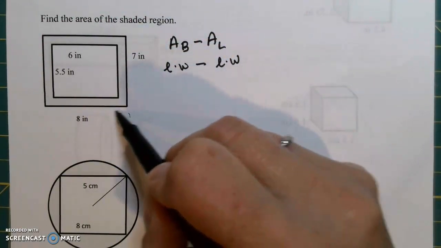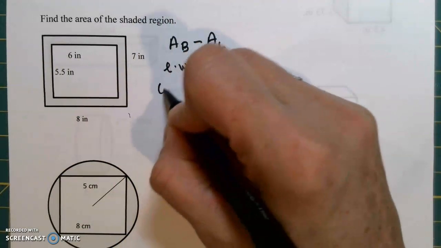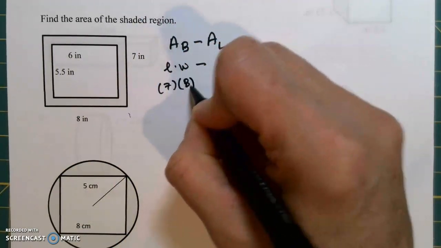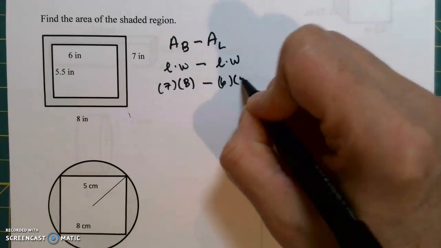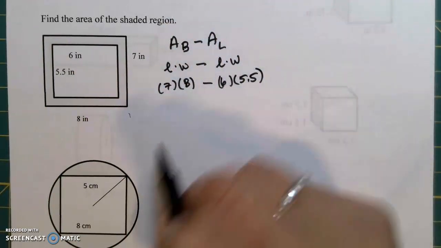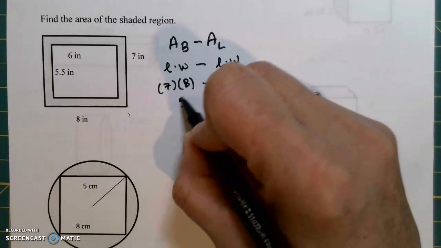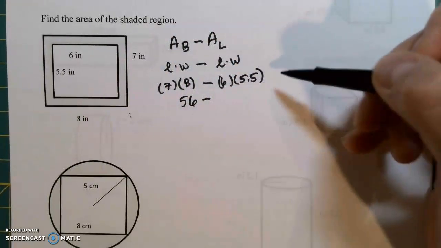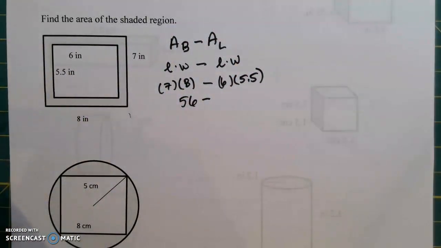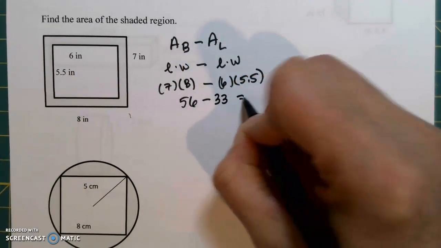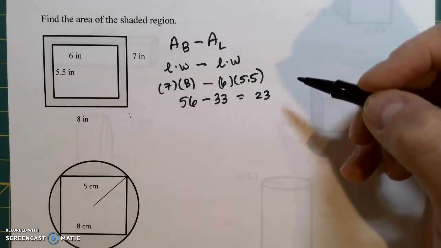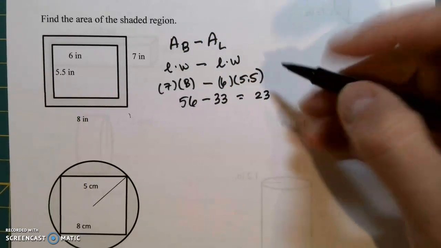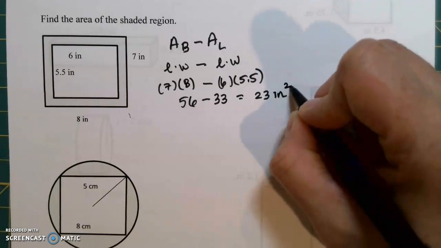So the big rectangle is 7 by 8, so 7 times 8, and then the little rectangle is 6 by 5.5. And so that'll be 56 minus, and then 6 times 5.5 is 33. So 23. And that is going to be inches squared.